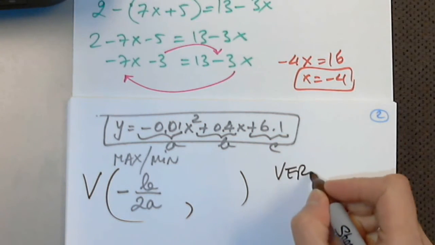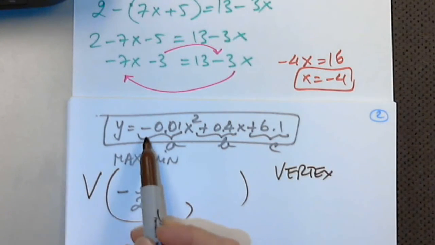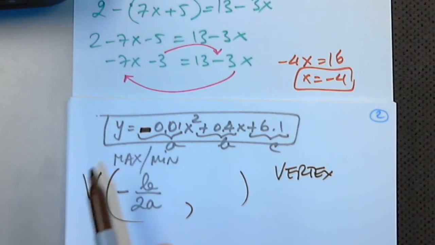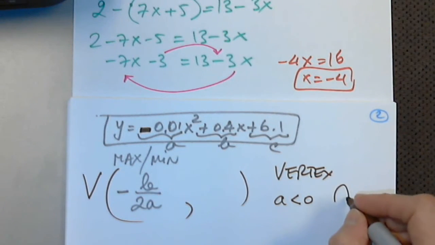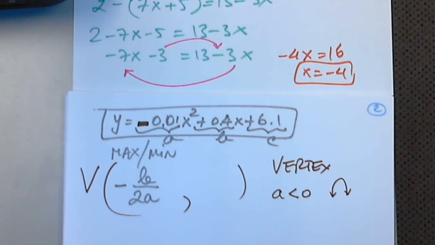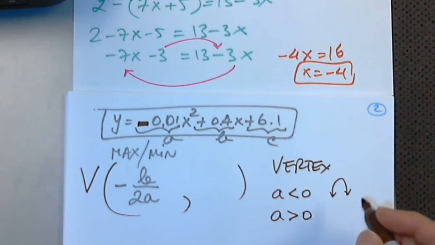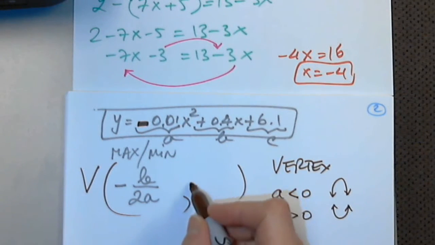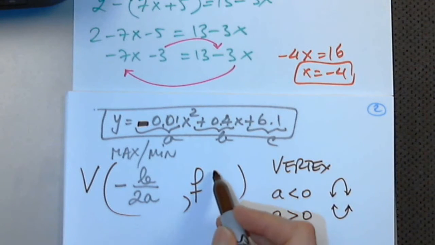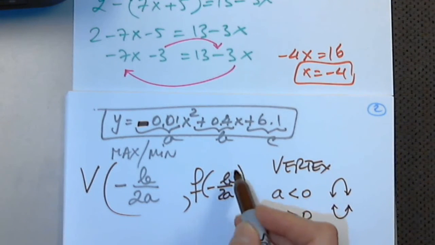In this case, it's a maximum because the leading coefficient is negative. When a is negative, the quadratic function has a maximum. When a is positive, it has a minimum. And then the y-coordinate we get by plugging this number into the function.